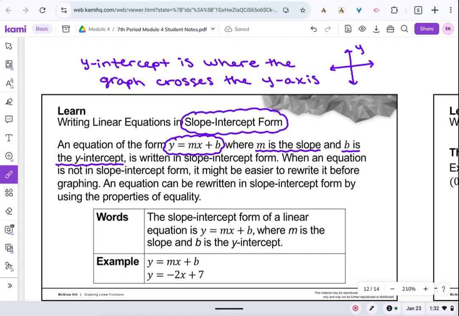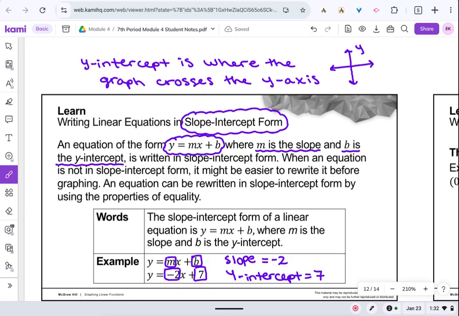We need to know that m is slope and b is y-intercept because those are going to be the numbers that get interchanged. If you look down below here at this example, notice that m in this example became a -2 and b in this example became a 7. The problems we're going to work with today would say that slope equals -2 and that the y-intercept equals 7.